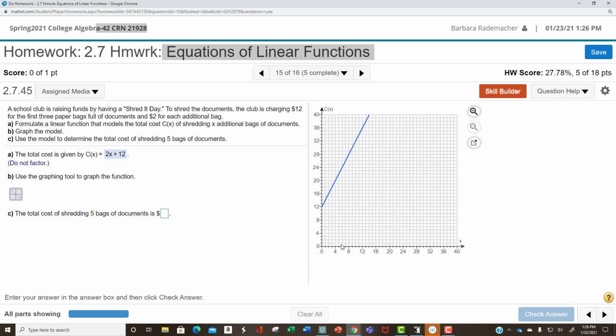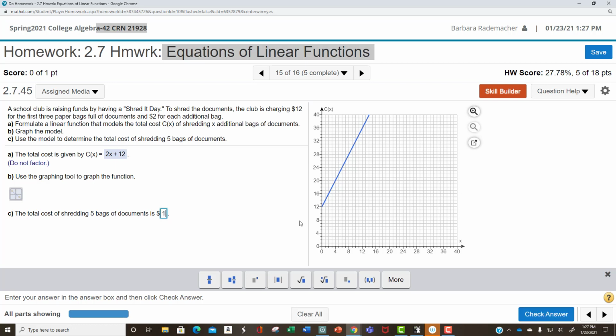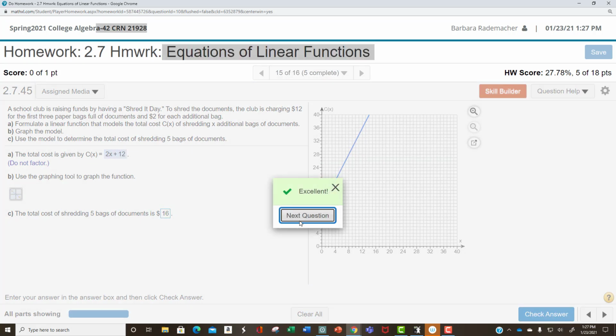If I bring in 5 bags, well, it doesn't agree with me. But 5 minus 3 is 2, and that would be 16. So let's see.